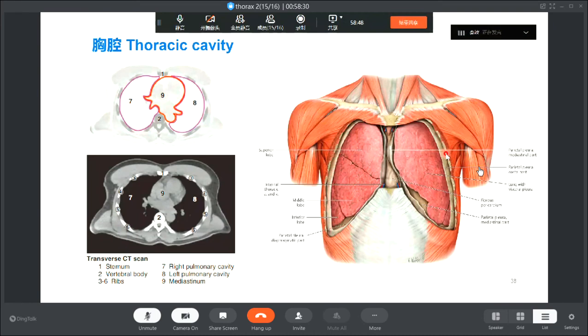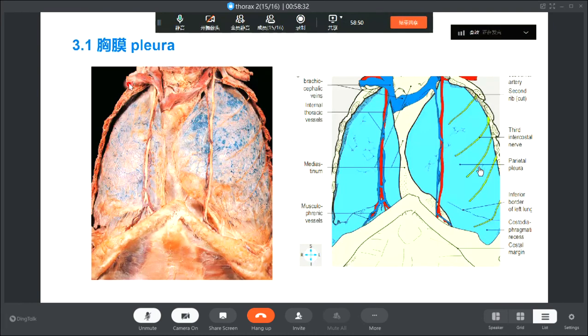We give this membrane the name pleura. So this membrane is the pleura, covering our lungs. This blue region is our pleura. Okay.